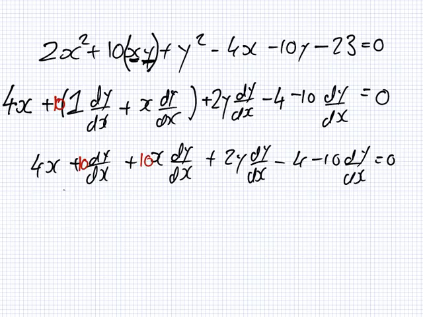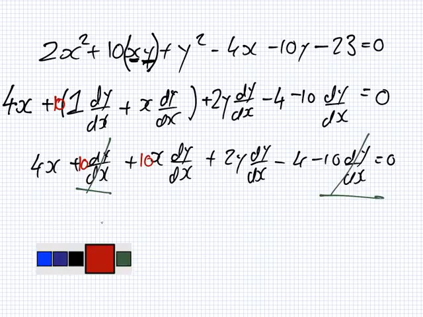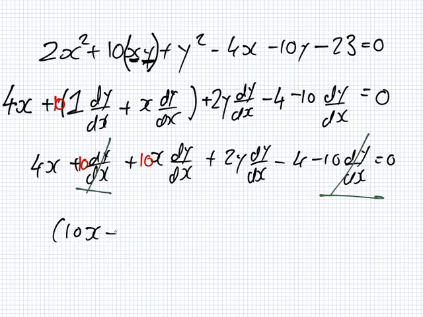Okay, so let me see. 10 dy/dx minus 10 dy/dx. Nice. That cancels that. And then here, 4, no, that doesn't go with anything. 10, no, that's really it. So you have 10x plus 2y dy/dx equals 4 minus 4x.